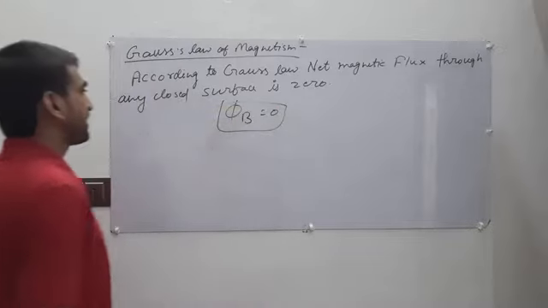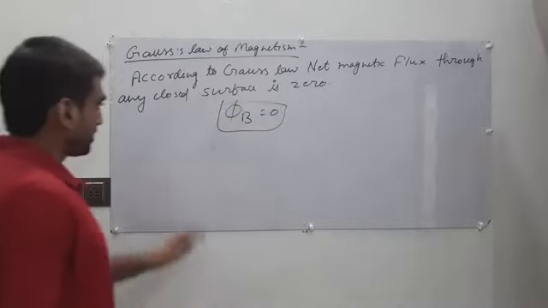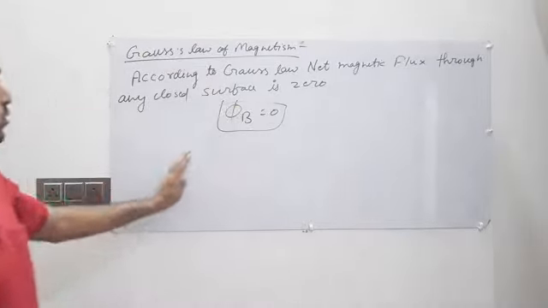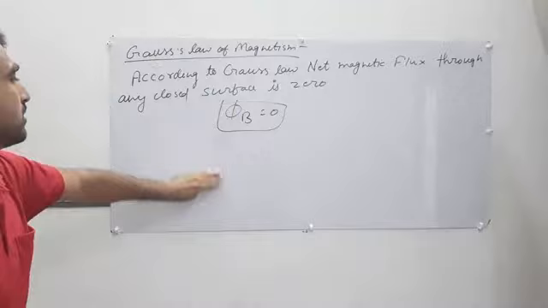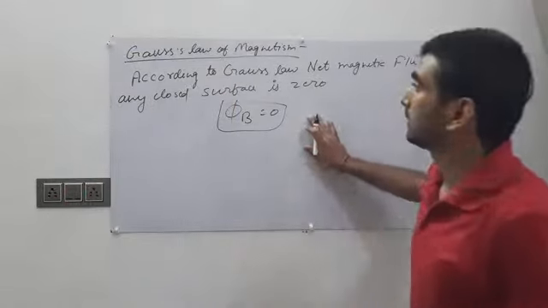We can simply say that phi b equals 0. Now our second task is the derivation of this Gauss law.